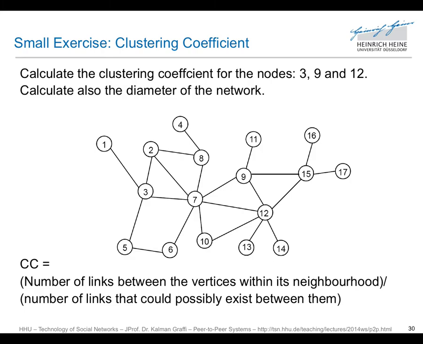I just want to build it up. So to how many nodes is node 3 connected? 4. Okay, that's good. So how many possible links can there be between 4 nodes?